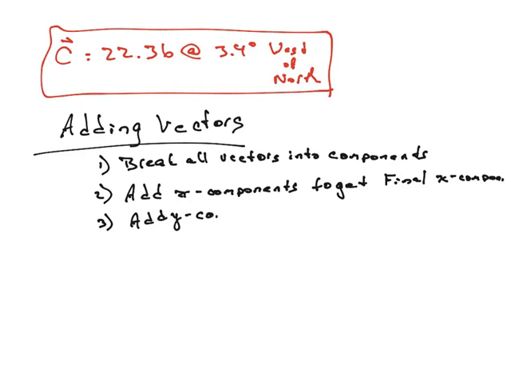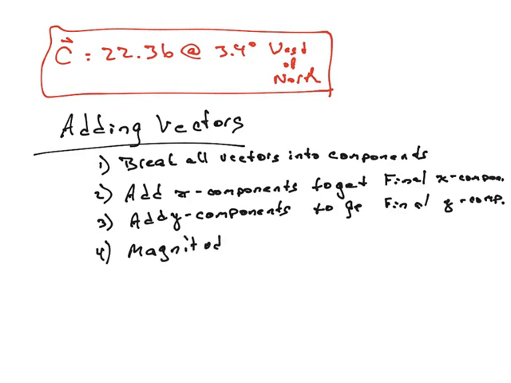Add Y components to get the final Y. Once you have it, the magnitude of a vector is the x component of the vector squared plus the y component of the vector squared, all square rooted.